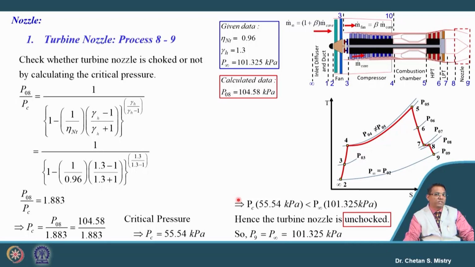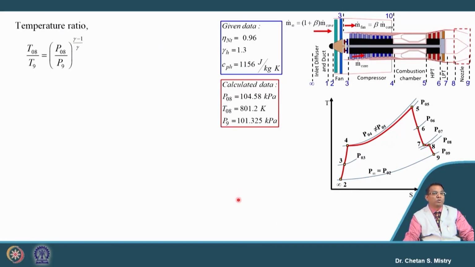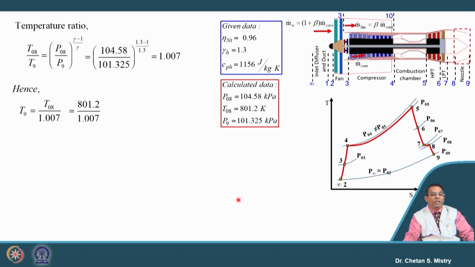Once we have this static pressure known to us, our next requirement is to calculate the static temperature. So, static temperature we can calculate based on our temperature ratio. Here, if we calculate the exit static temperature, it comes to 795.37 Kelvin.